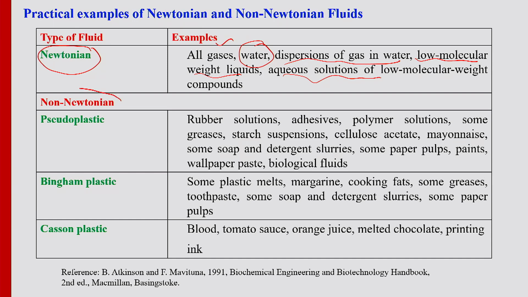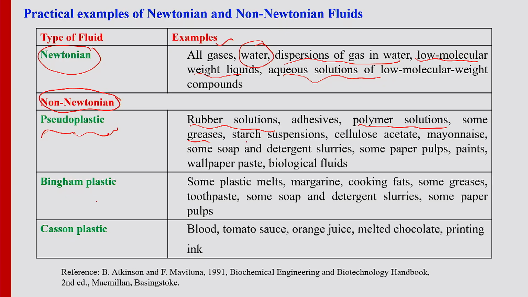For non-Newtonian fluids there are also different types of examples: the pseudoplastics, the Bingham plastics, then Casson plastics. The pseudoplastic examples are rubber solution, polymer solution, some types of greases, starch suspension.